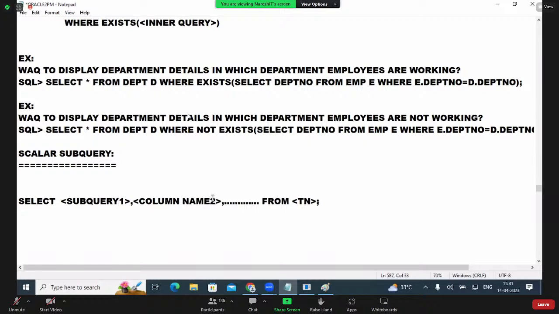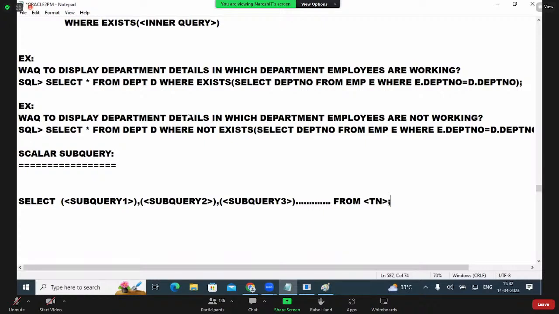In the position of column, I am writing subquery number 2. In the position of column, I am writing subquery number 3. Like this, in each position of column, when we write a subquery statement, then it is called a scalar subquery. Clear now, all of you?